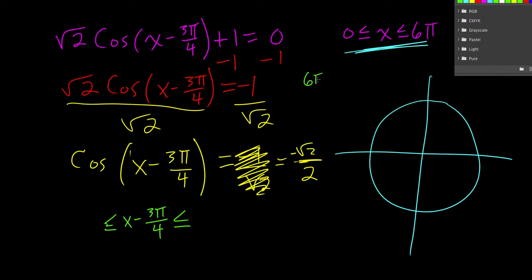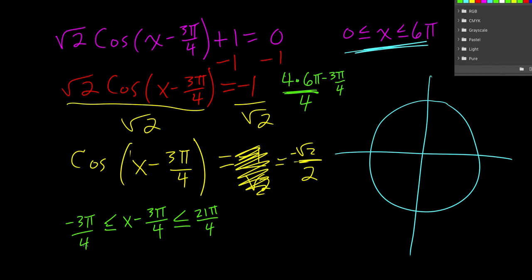So 6 pi minus 3 pi/4, times that by 4 over 4. Okay, so we have 24 minus 3, so that's going to be 21 pi fourths. And then 0 minus 3 pi fourths is just negative 3 pi fourths.